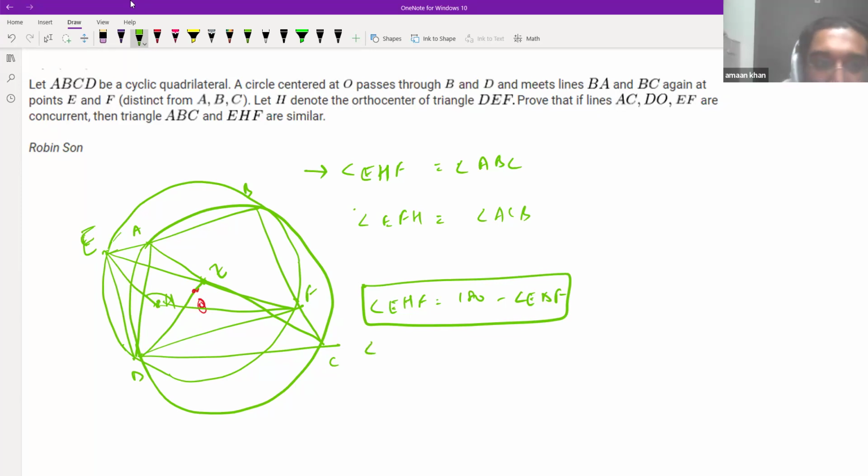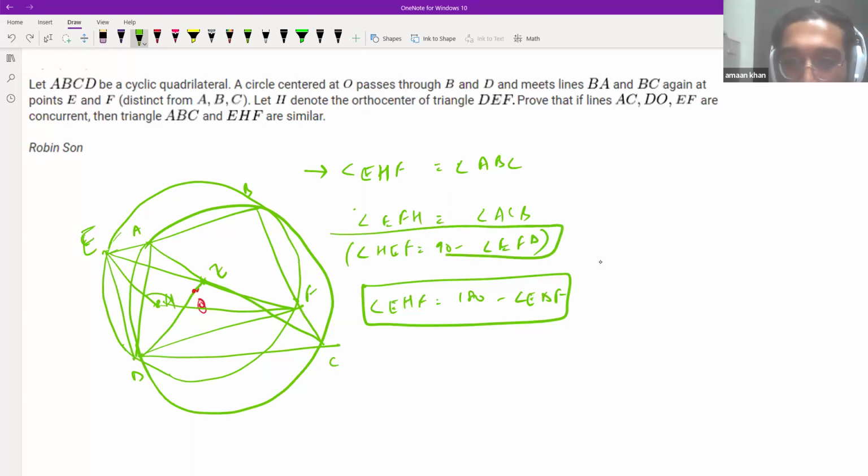I am firstly trying to prove this first, but yeah, I can write it here. That's fine. HEF is 90 minus EF. So by these two conditions, you have basically removed the orthocenter from the picture. You don't need to care about the orthocenter anymore.